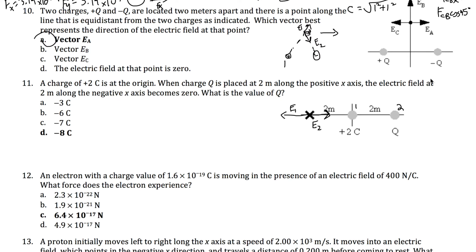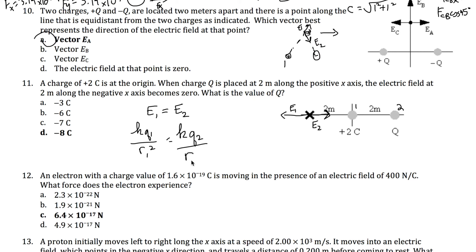So how do we figure out what that charge is? Well, if the two fields cancel out to equal 0, then E1 must equal E2 as far as the magnitudes of the fields. That's given by kQ1 over R1 squared, the electric field due to charge 1, equal to the electric field due to charge 2.